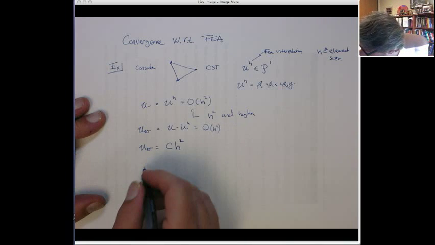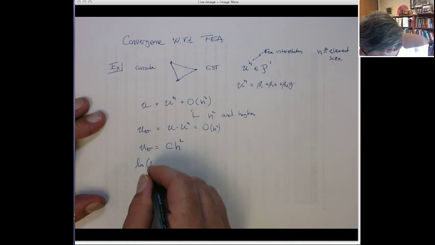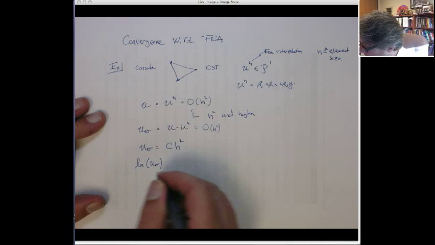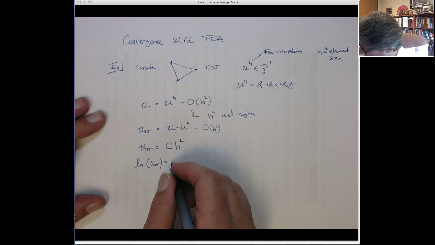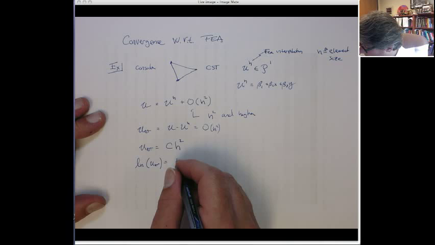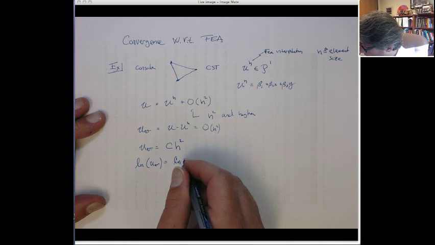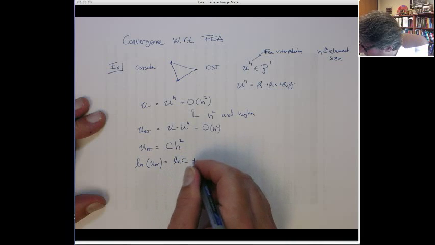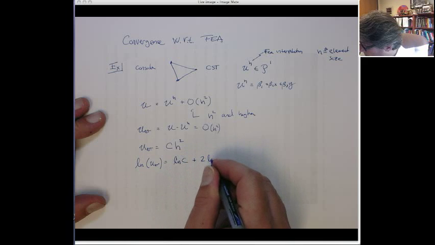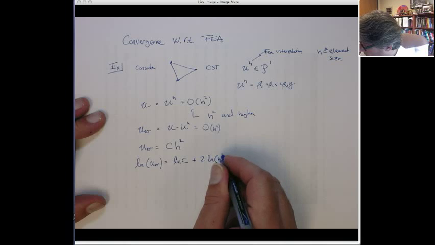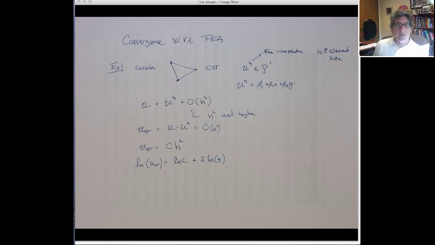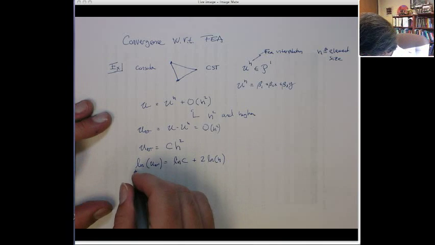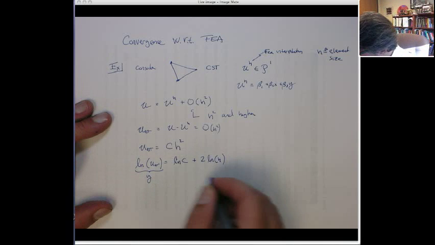Now if I take the log of both sides, usually it's the natural log. Actually, technically it should be the base 2 log, but now if you take the log of the right-hand side, this is the log of this product, that becomes the log of c plus 2 times the log of h. So now if we look at this, we've got the equation of a line where this is y.